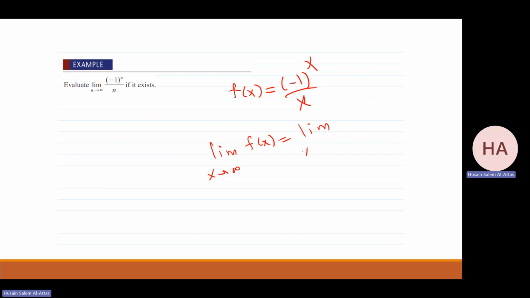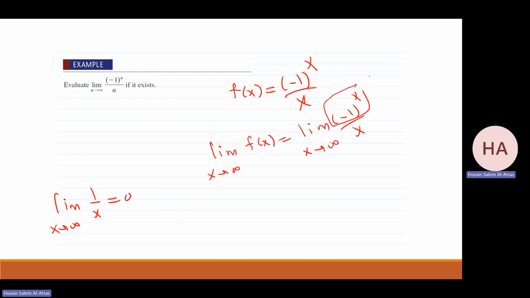This one, yeah, my f of x is what? Minus 1 to the power x over x. So you have to do the limit as x goes to infinity of f of x. That will be the limit as x goes to infinity of minus 1 to the power x over x. I know that the limit of 1 over x as x goes to infinity will be 0.